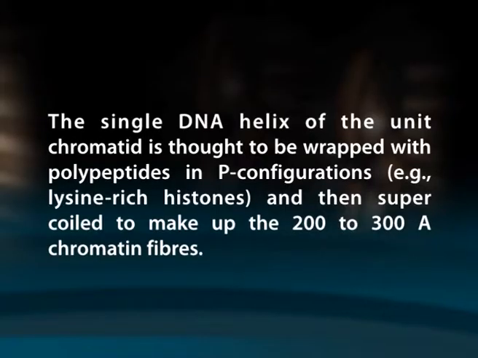The single DNA helix of the unit chromatid is thought to be wrapped with polypeptides in alpha configurations, for example lysine-rich histones, and then supercoiled to make up the 200 to 300 angstrom chromatin fibers. Presumably, supercoiling is induced and maintained by cross-linking with helical proteins such as arginine-rich histones.